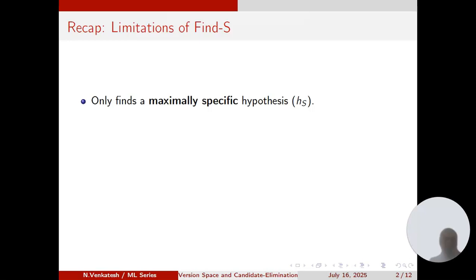In the last lecture, we discussed our first machine learning algorithm called Find-S, which takes a set of training examples as an input and returns one hypothesis, that is the maximally specific hypothesis, which is consistent with all the positive examples and which may not be guaranteed to work well on new or unseen data.